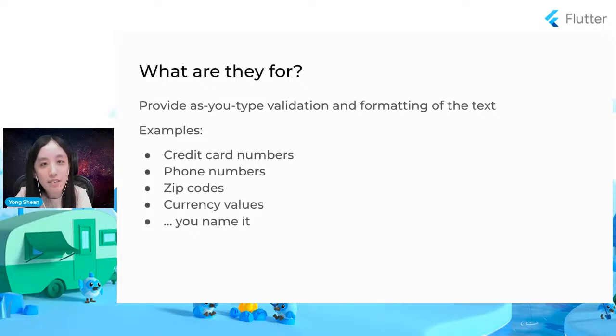Well, then you will ask, why do we use input formatters and not input validation, where you just show an error message right below the field? That's because sometimes it is more useful to just block the user from typing the characters that are not allowed instead of just showing a validation message.